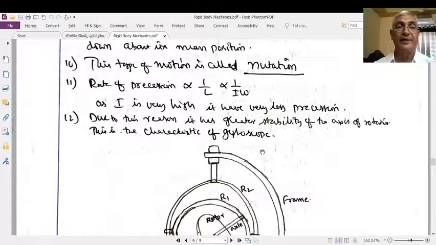Right. Rate of precession: we already observed that the rate of precession is omega p. The angular velocity of the precession is inversely proportional to the angular momentum, that is I omega. This was observed in the case of the spinning top.